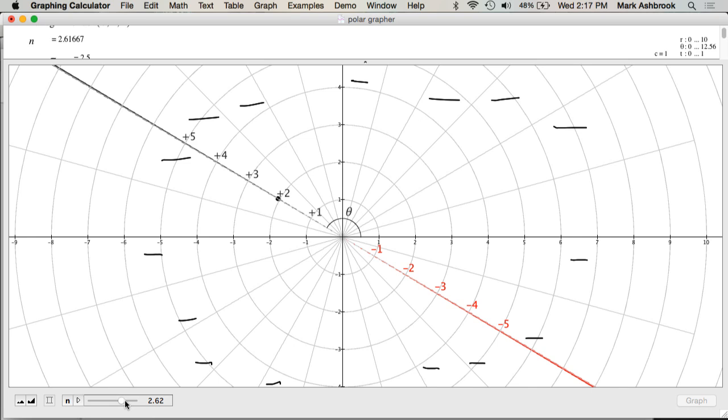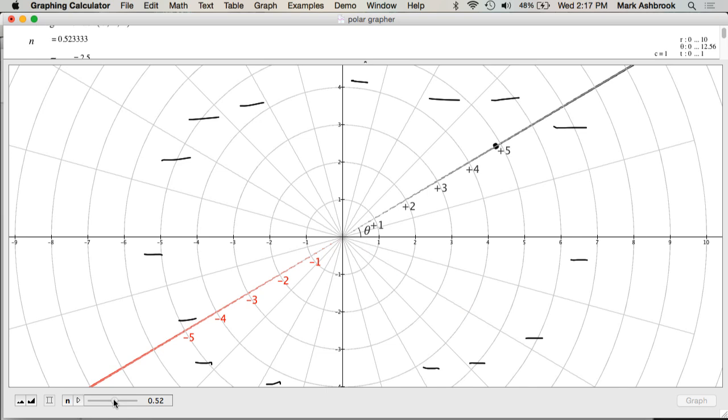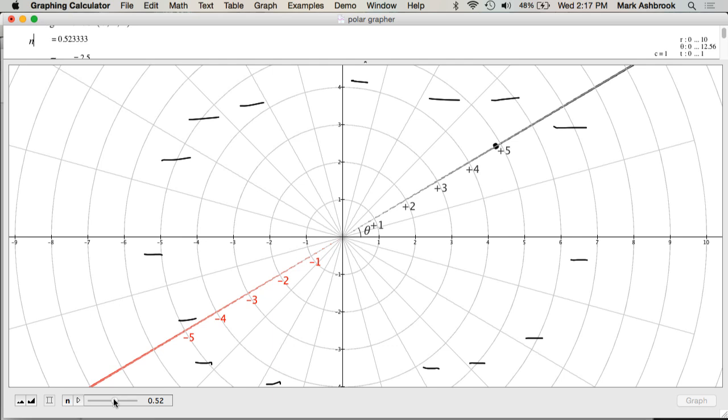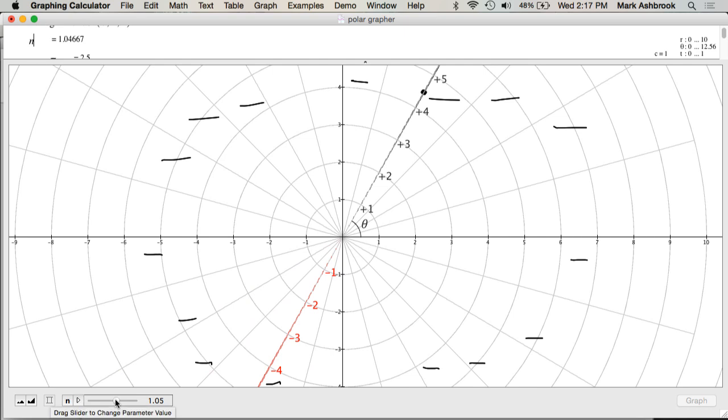Let's try something different here. Do this one: coordinates of this point. Check with the person next to you. What do you think?